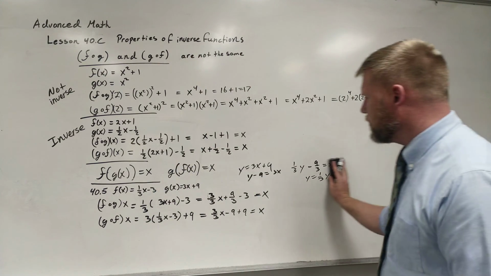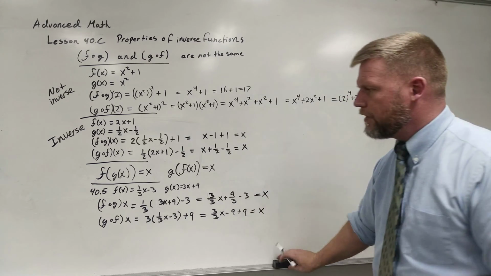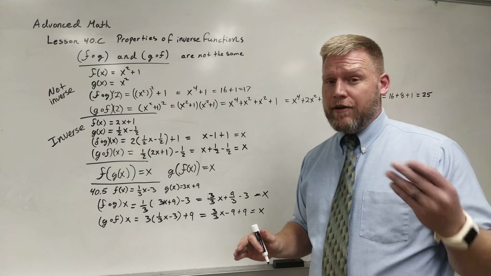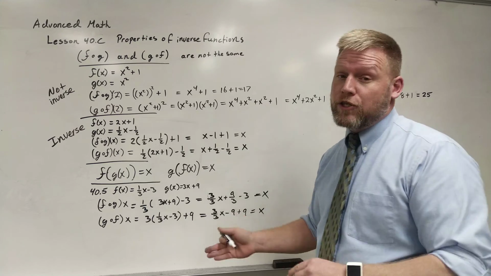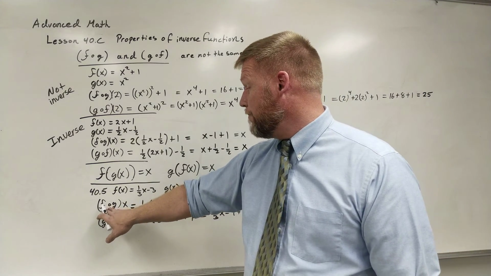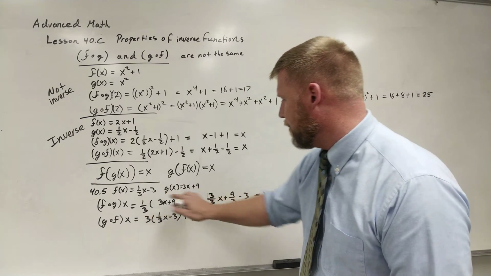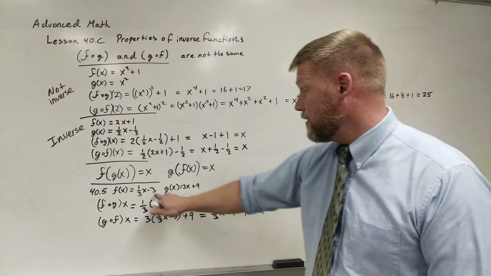But we're going to look at this and say, how could I prove these are inverses of each other without having to solve one and the other? So I'm going to know that for inverse functions the f composition g will equal the g composition f. So the first thing I do is f composition g of x, which means I'm going to take that 1/3, and instead of x, I'm going to plug in the 3x plus 9. I'm substituting that in, minus the 3 right there.